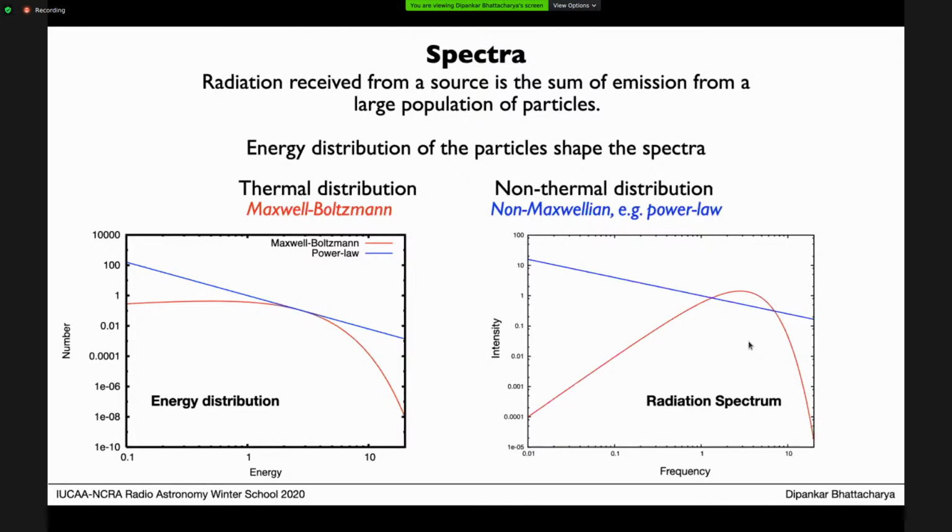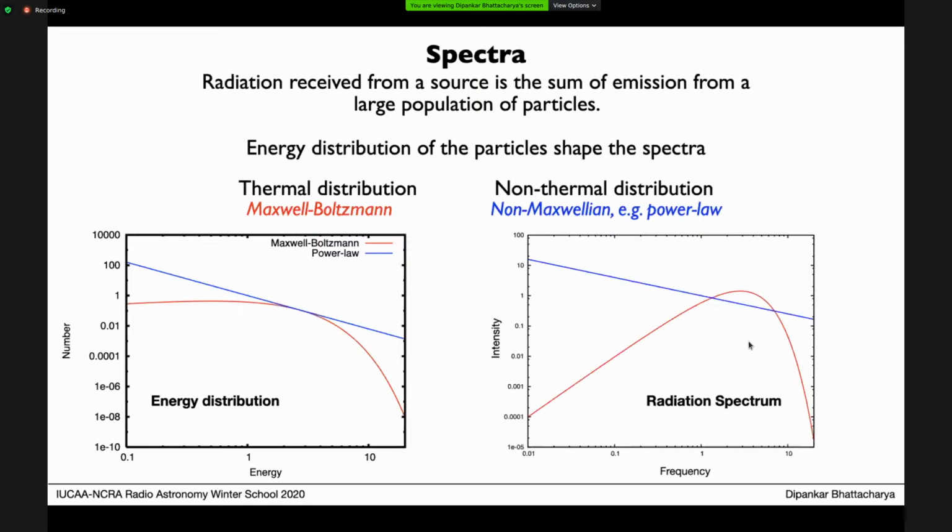And that we can derive by integrating the energy spectrum of a given particle over the energy distribution of the charged particles. So energy distribution of the charged particles, which means also the velocity distribution. So that actually shapes the spectrum of a given source.